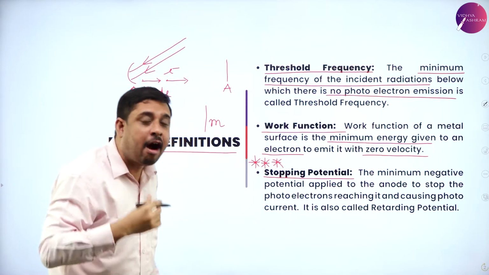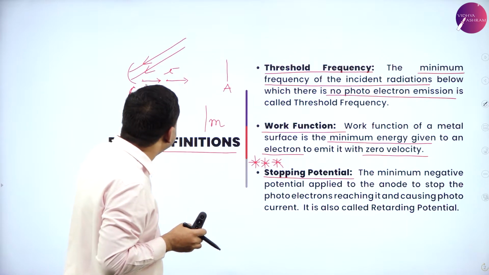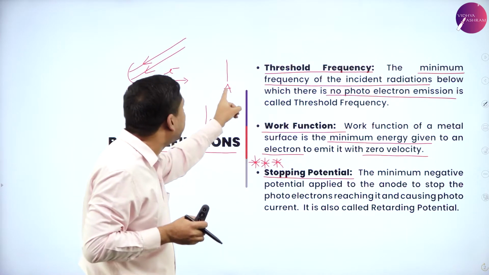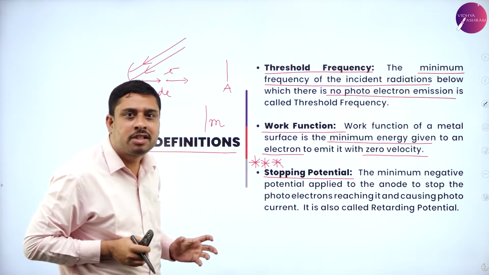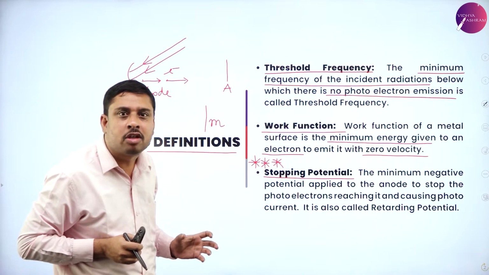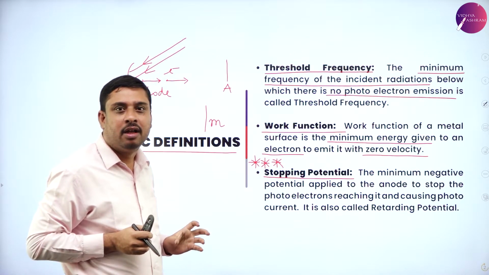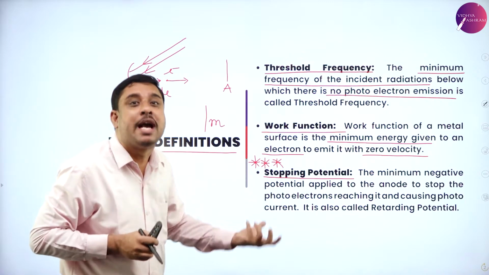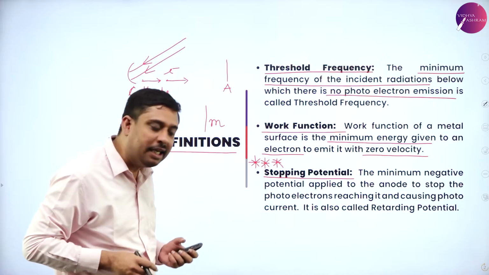Now my task is, I don't want these electrons to reach the anode. I want the electrons not reaching the anode. I don't want photoelectric current. So what should I do? Good.